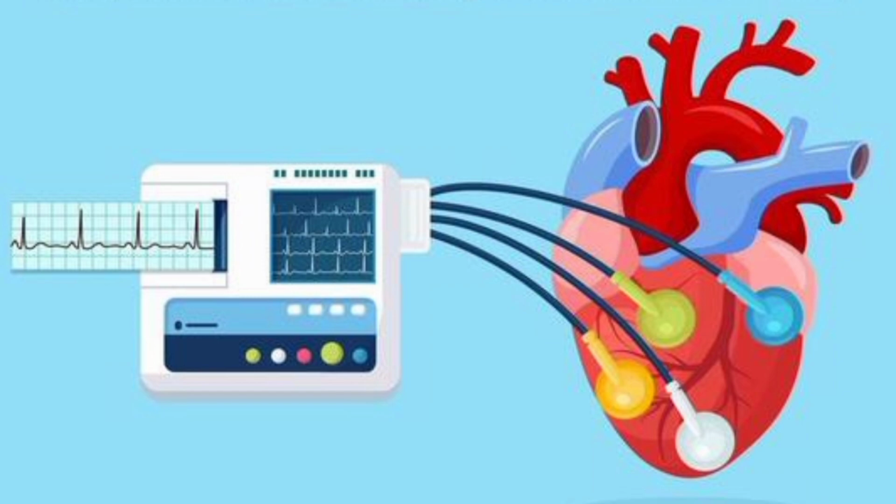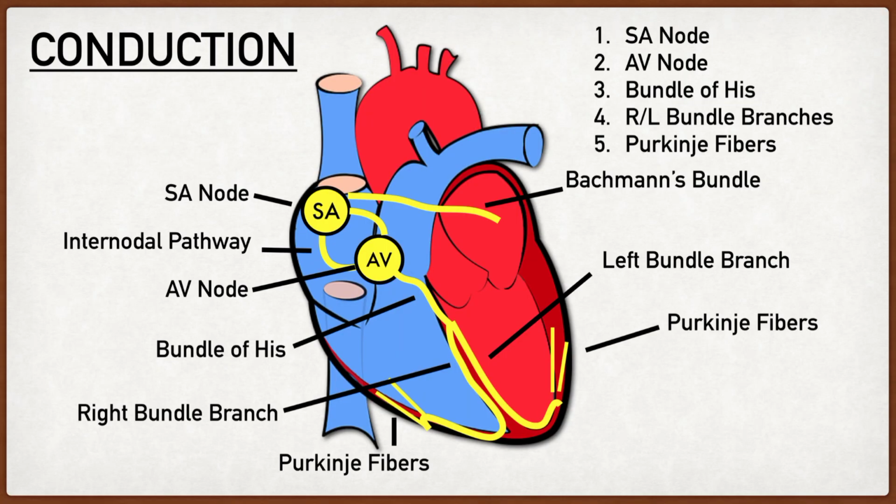So, let's see how the heart rhythms. At every beat, the heart is depolarized to trigger its contraction. The SA node is the heart's natural pacemaker. From the SA node, a wave of depolarization spreads across the atria to the AV node, that is the atrioventricular node. The impulse is delayed at the AV node and atrial contraction is completed. The wave of depolarization then proceeds rapidly to the bundle of His, where it splits into two pathways and travels along the right and left bundle branches.